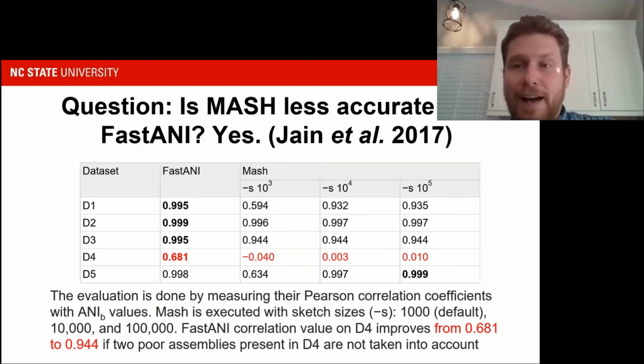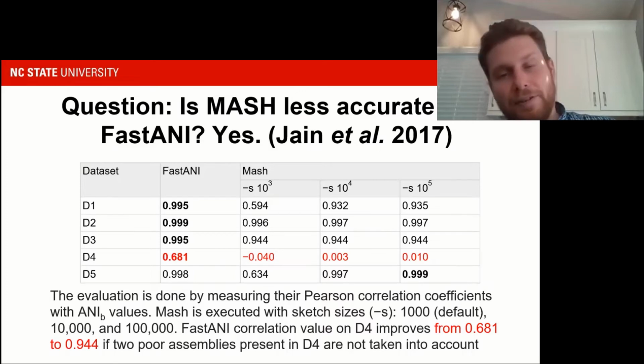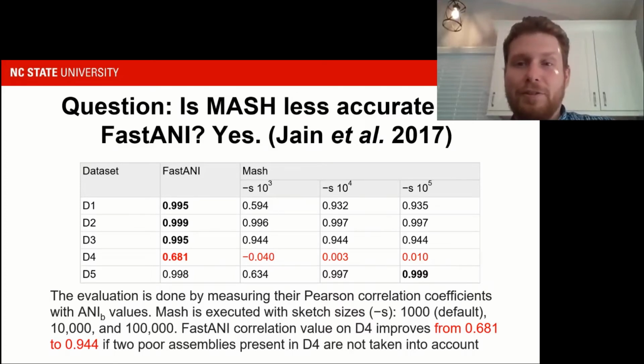So MASH can be fast, but is it less accurate than FastANI? According to the pioneering FastANI journal article, it is. They looked at 5 databases. FastANI had a very high correlation with BLASTANI, that's the ANI-B. MASH had low correlations with BLASTANI for some more fragmented genomes.